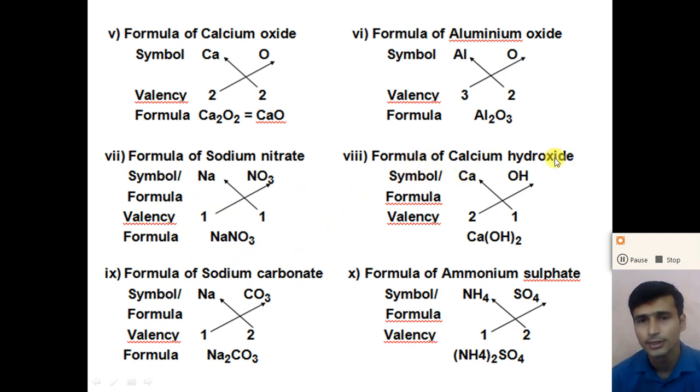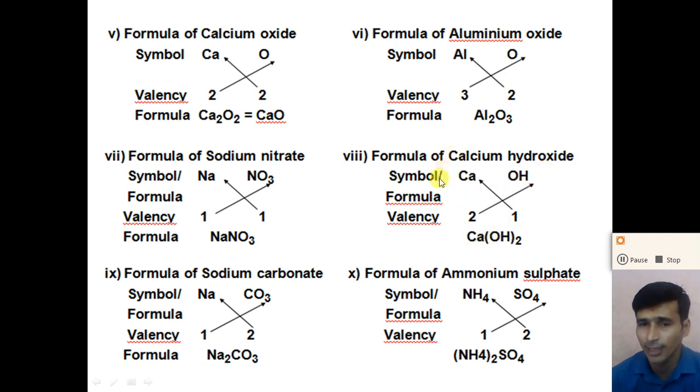Next example is the formula of the calcium hydroxide. Remember this, this example is important for the examination also, right? So calcium hydroxide. Calcium has valency 2 and hydroxide, OH, has valency 1, right? So how do we cross over the valency of the positive ion and the negative ion? Here the negative ion OH has valency 1, combined with the positive ion Ca, we get Ca.